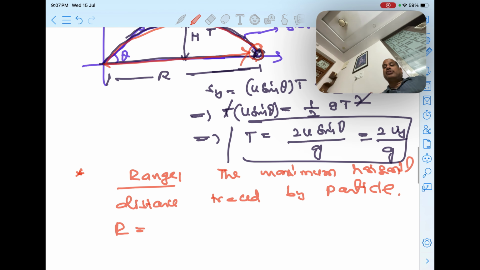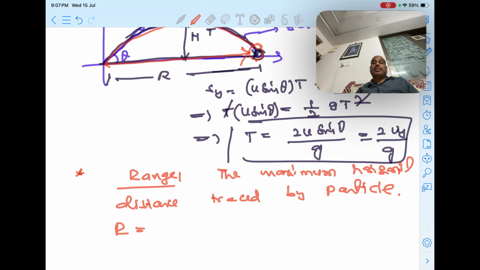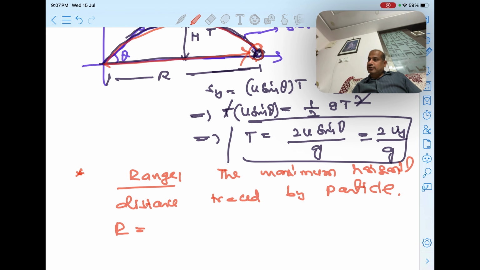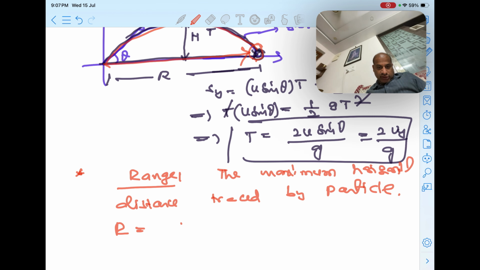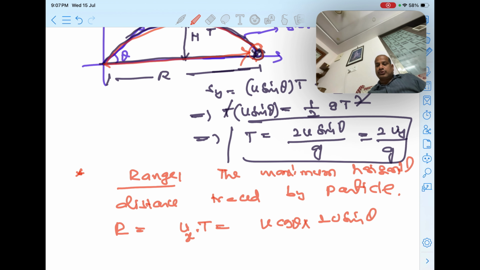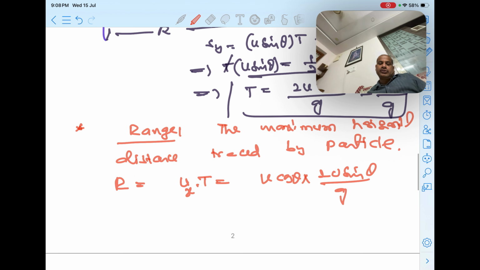So that particular range will be, as you go in the x direction, there is no effect of gravity, force 0, acceleration 0, that means velocity is constant. So displacement will be velocity into time, so that is u cos theta into time, 2u sin theta by g.